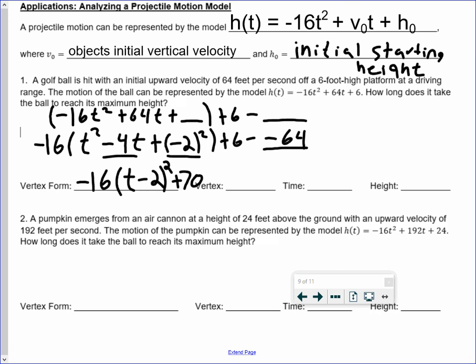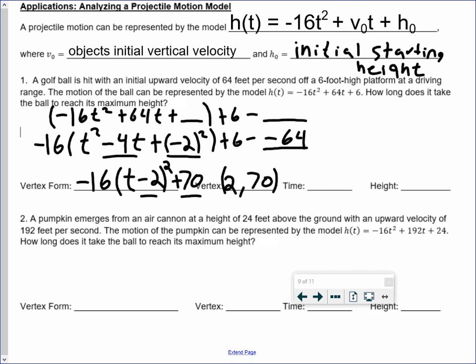Our vertex, remember, it's our h, k value, so it's (2, 70). Now we're asked for the time it takes for the ball to reach its maximum height. Remember, guys, time will always be independent. Time relies on nothing. So our time will always be the independent variable, which is x. X is the independent variable.